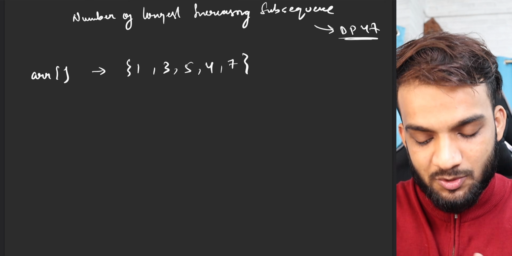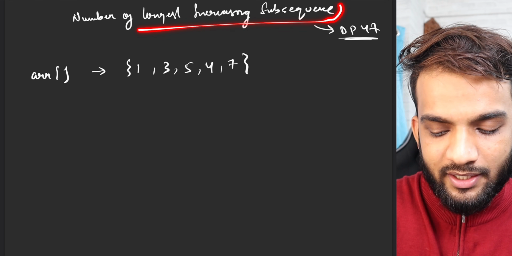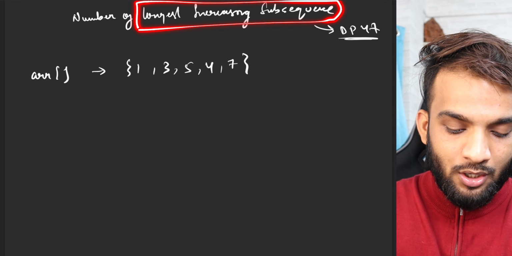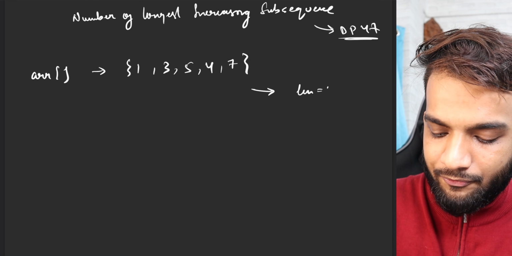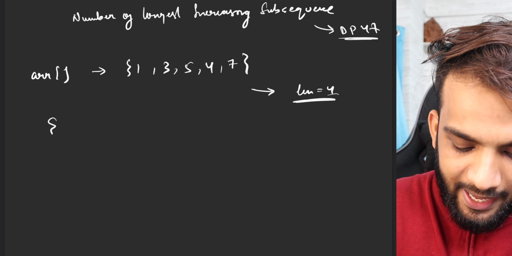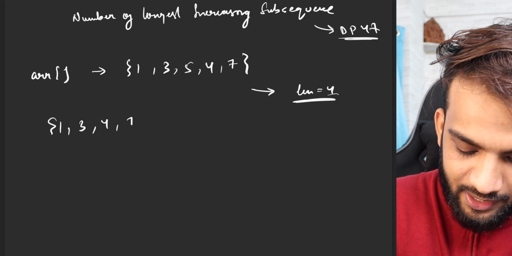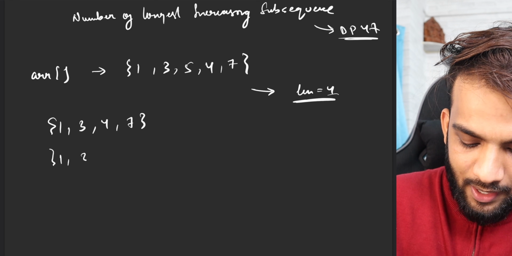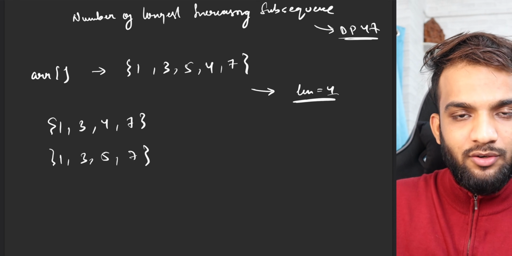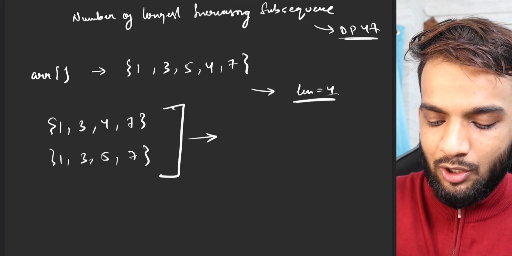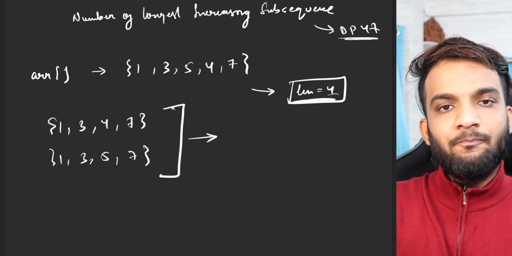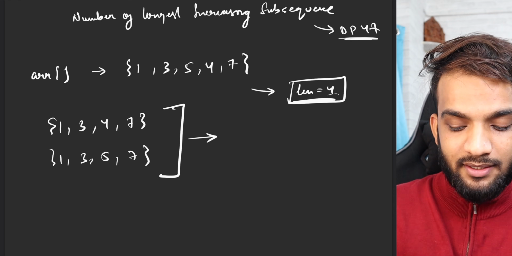So number of longest increasing subsequence. What does this mean? Now you must know what a longest increasing subsequence is by now. For this array, I can say the length of the longest is 4, and I can have 1, 3, 4, 7 as one of them, or 1, 3, 5, 7 as another. So the longest is of length 4, and how many subsequences are there?